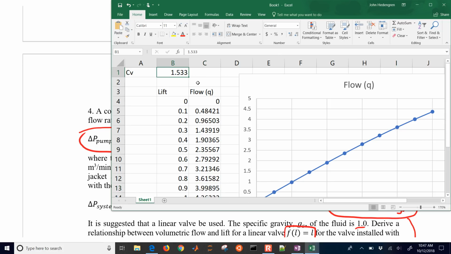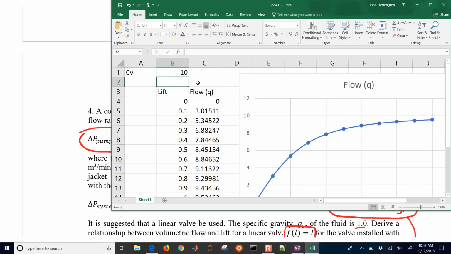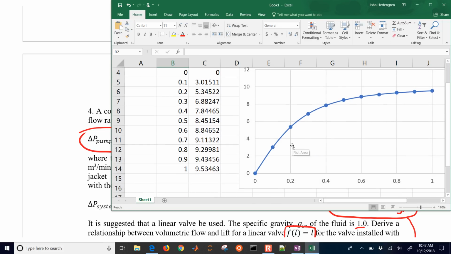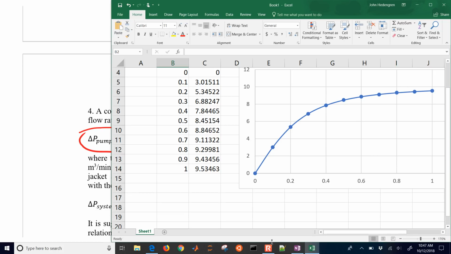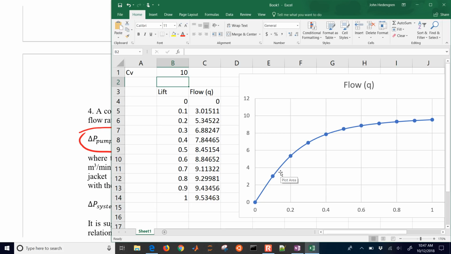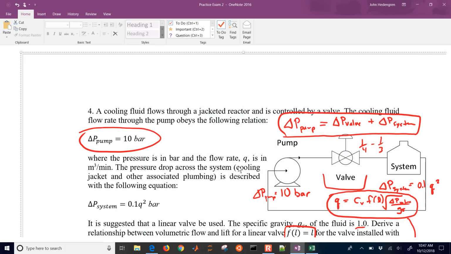If you had a larger one, like let's go up to 10, then you'd see a very nonlinear profile. So you might want to use an equal percentage valve trim for your valve to make that more linear here. Okay, so that's it for the valve problem as well.